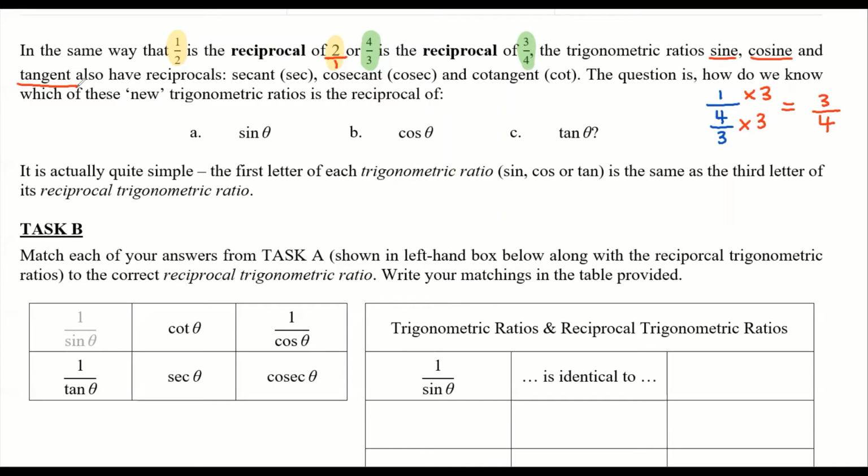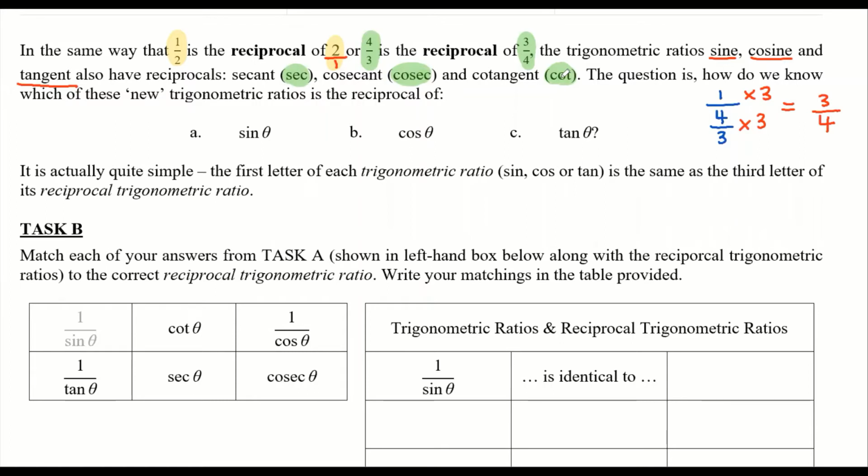The trig reciprocal functions are secant, which we shorten to sec, which is here, cosecant, which we shorten to cosec, and cotangent, which we shorten to cot. And we need to find out which matches to which. Again, I've not put them in a respectively order, if you like, so we need to figure out which one's which.